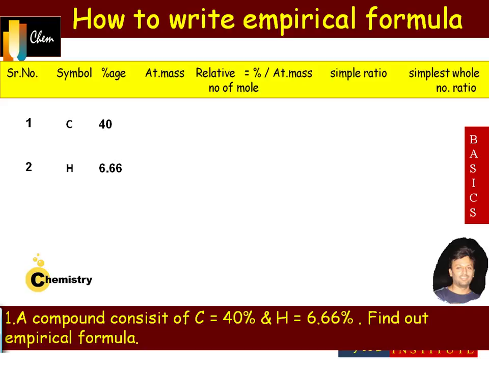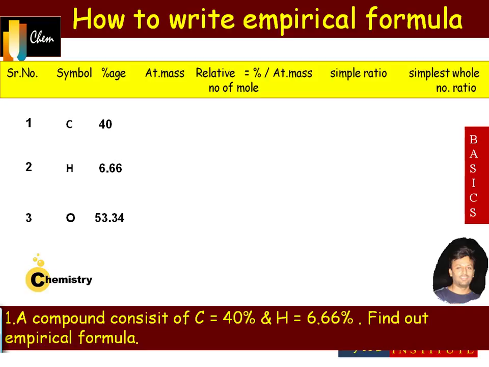Hence, the sum is 46.66%, less than 100. It means there will be a third element, and that is always oxygen, and the remaining percentage, 100 minus 46.66, that is 53.34%, will be oxygen. So this is the most important point while finding out the empirical formula. A student should know about the sum of the percentages of all the given elements.